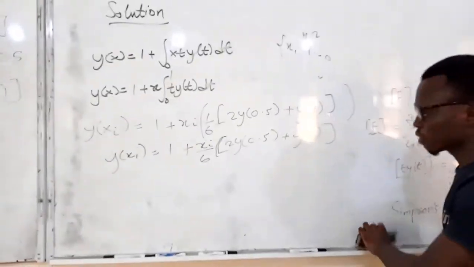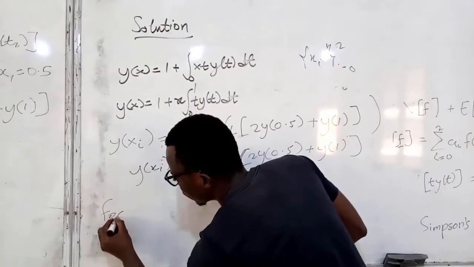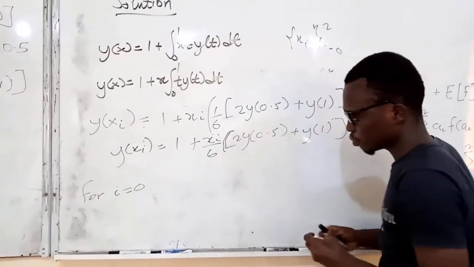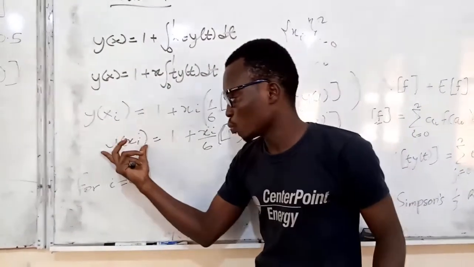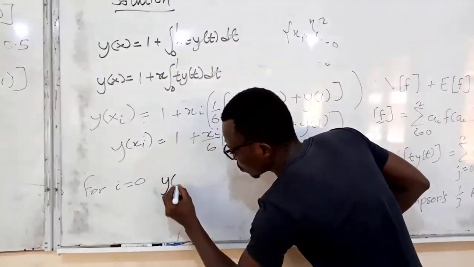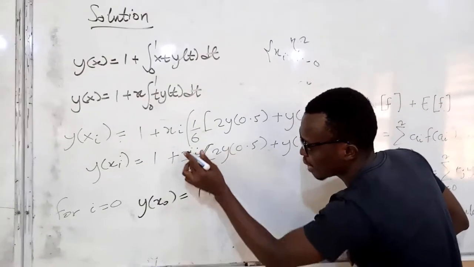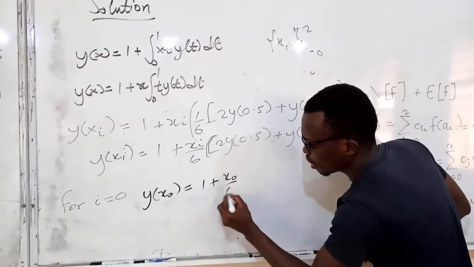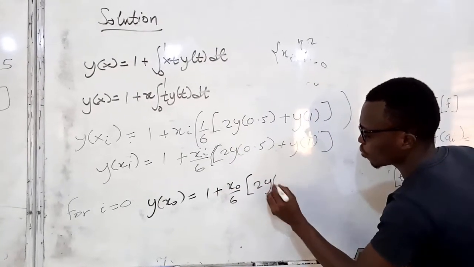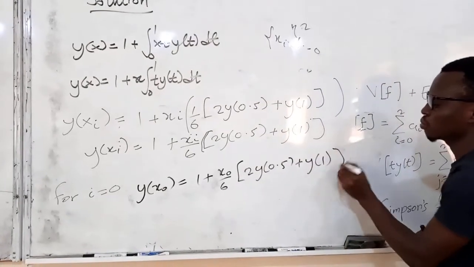So first, for i equal to 0, I'm going to have y of s naught equal to 1 plus s naught divided by 6 into bracket 2 of y of 0.5 plus y1.